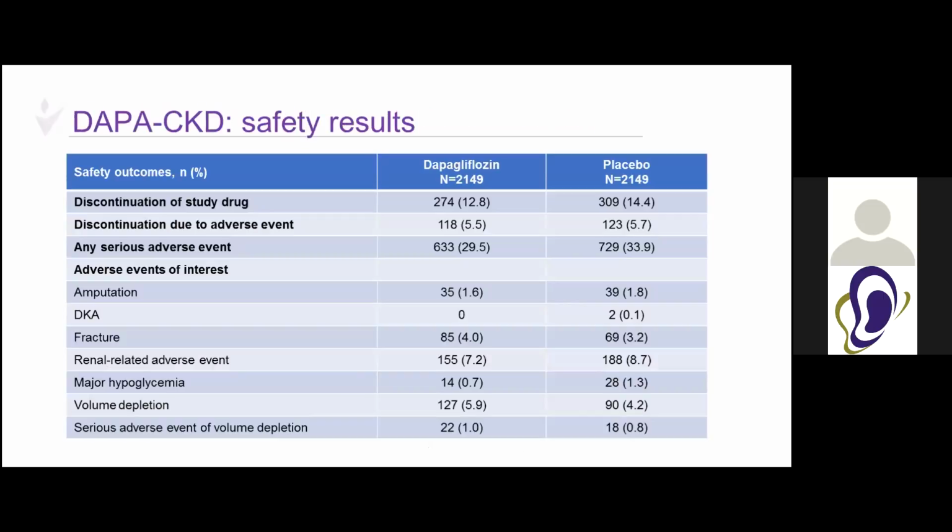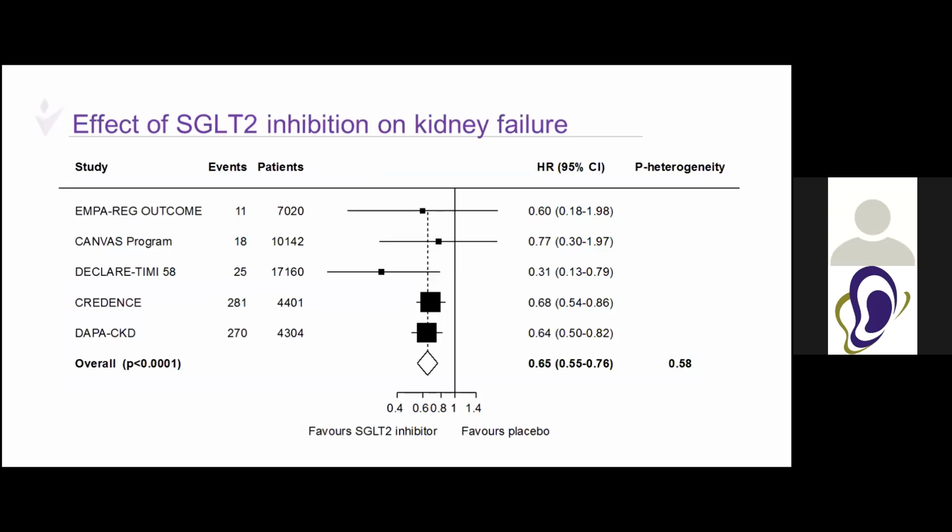The safety results in DAPA, which I happen to have in detail, are again very important to note that the actual number of people with any events is quite low and not significantly different between placebo and the active drug. And we'll talk some more about this in a moment.